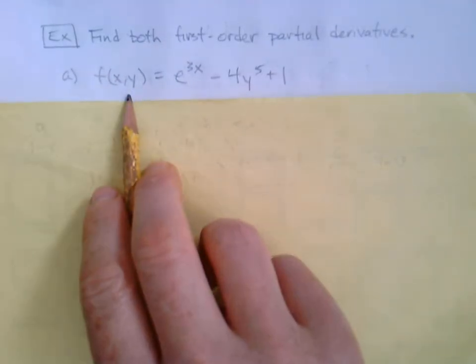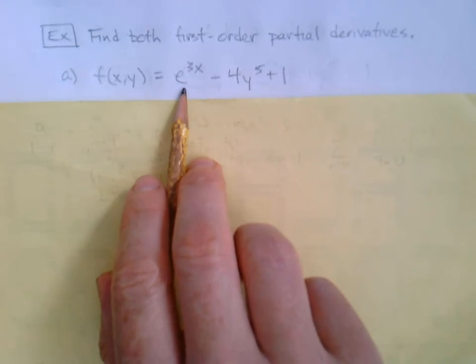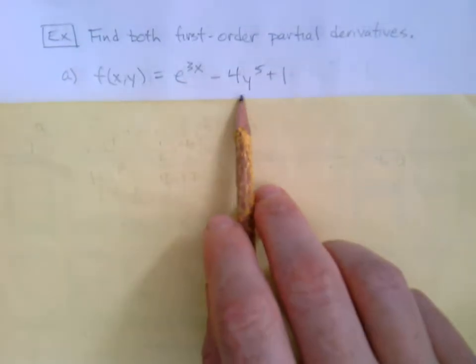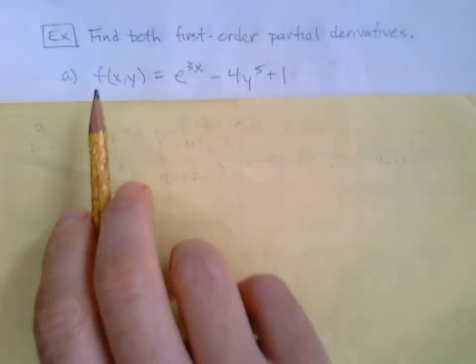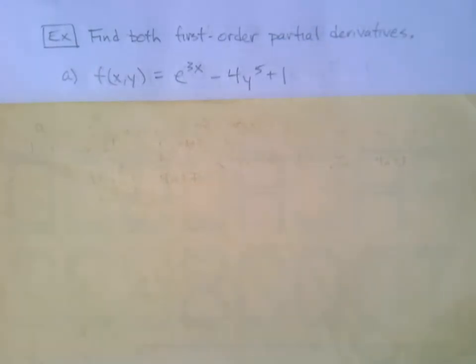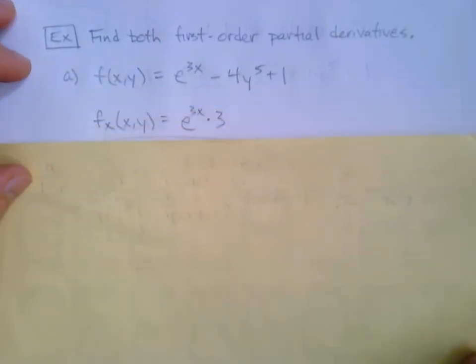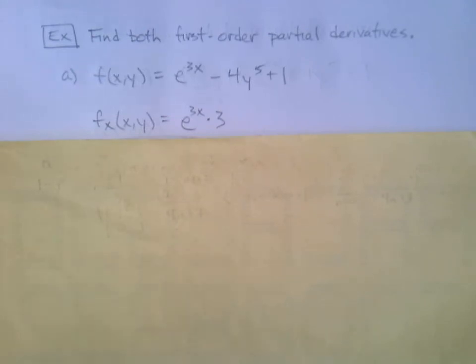F of x, y equals e to the 3x minus 4y to the fifth plus 1. So you see we have the f notation, f of x, y. So for the derivative with respect to x, we'll write f sub x, or people just say fx.